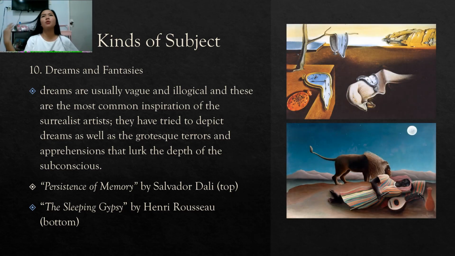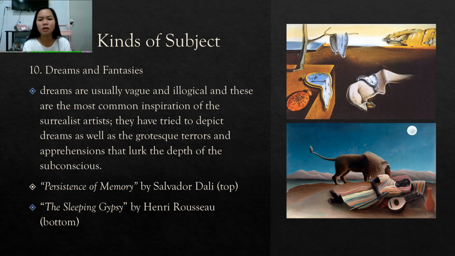So artists found a way to present those dreams and fantasies in a work of art. So for example, we have here in the first picture, sa taas ng picture, that is Persistence of Memory by Salvador Dali, and the painting at the bottom, that is The Sleeping Gypsy by Henri Rousseau.